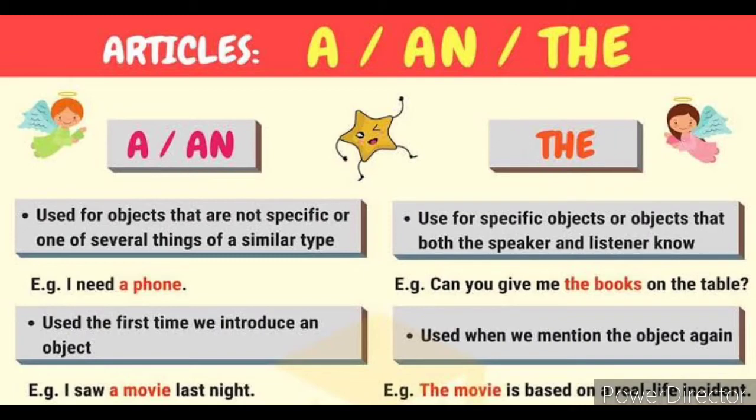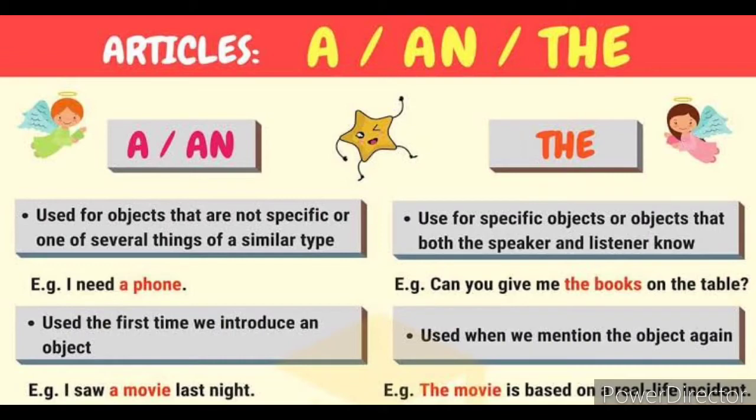Look at another example and usage of the definite article the here. The definite article is used when we mention the object again in the sentence, that is, when we repeatedly talk about the same object for the second time. The first time we use the indefinite article a, and the second time we mention the same object in a sentence, we need the definite article the.